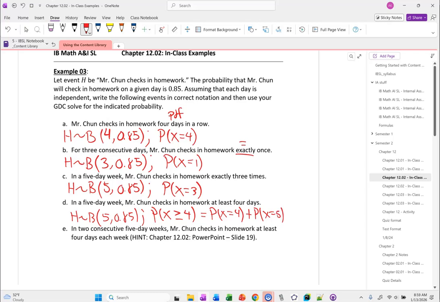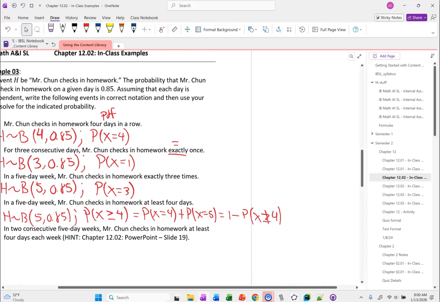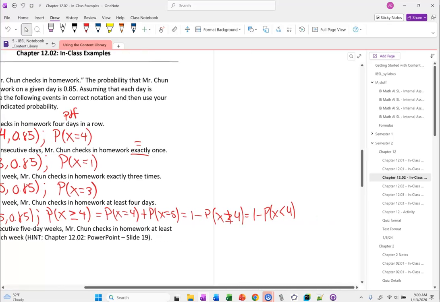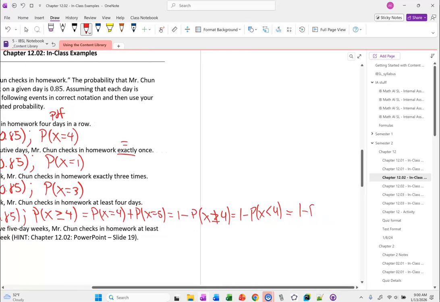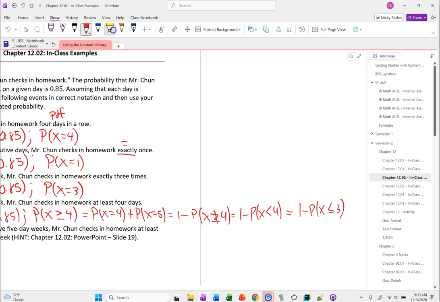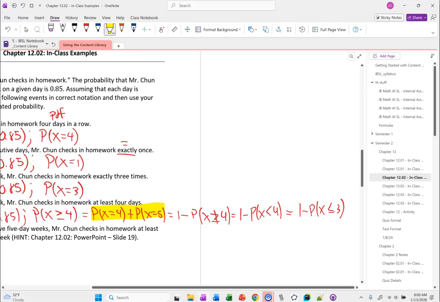Those are the two outcomes that are greater than or equal to 4. Or you could do 1 minus the probability that x is not greater than or equal to 4, which is 1 minus the probability that x is less than 4, which means 1 minus the probability that x is less than or equal to 3. Whether you do it either way doesn't matter, you'll get the same result.